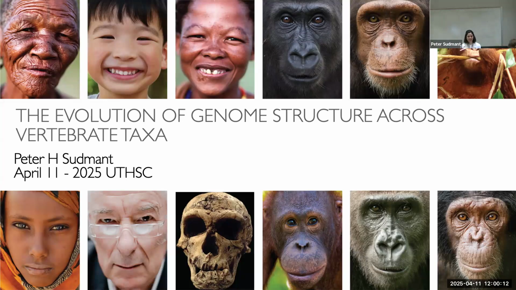Good afternoon, everyone. I'm Farnaz, a second-year PhD student in Dr. Eric Garrison's lab. I'm honored to introduce Dr. Sudmant to you all. Dr. Sudmant is an assistant professor at the Department of Integrative Biology, UC Berkeley. He obtained his bachelor's in computer science and a PhD in genome science from the University of Washington.